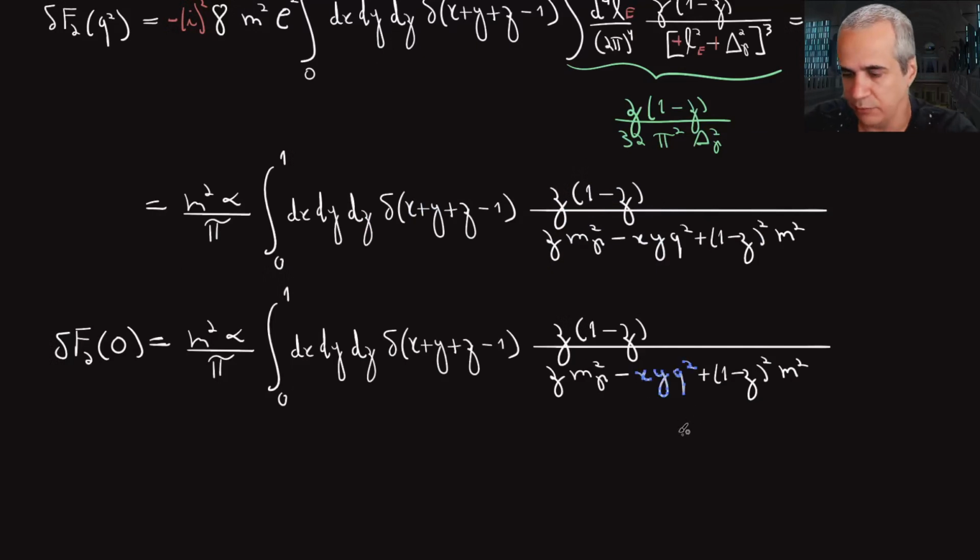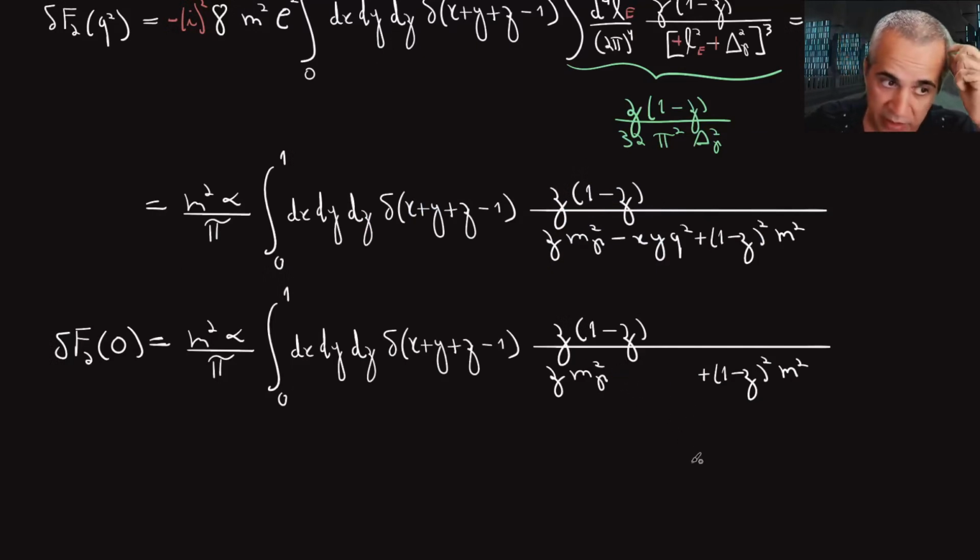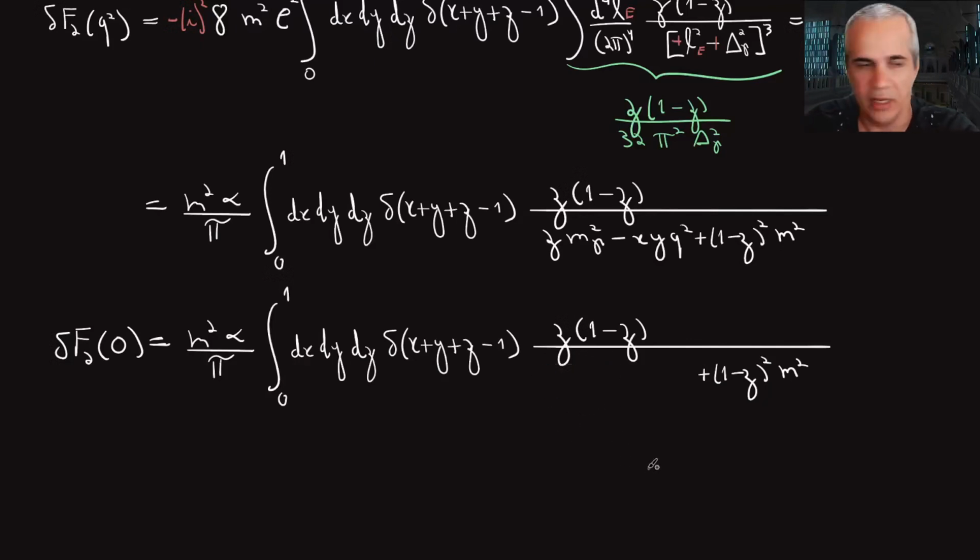This goes away. Also, you can see that there are no infrared singularities here by taking this guy to 0. If you cannot see it straight away, it's fine, as if there was a problem, the resulting integral would diverge.